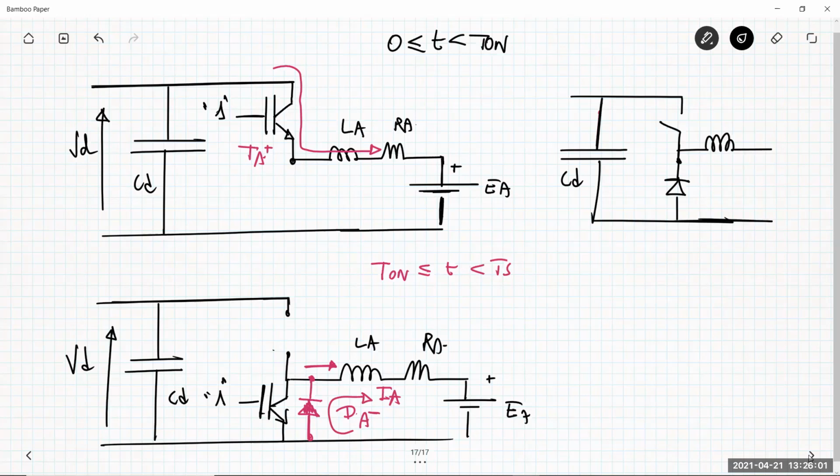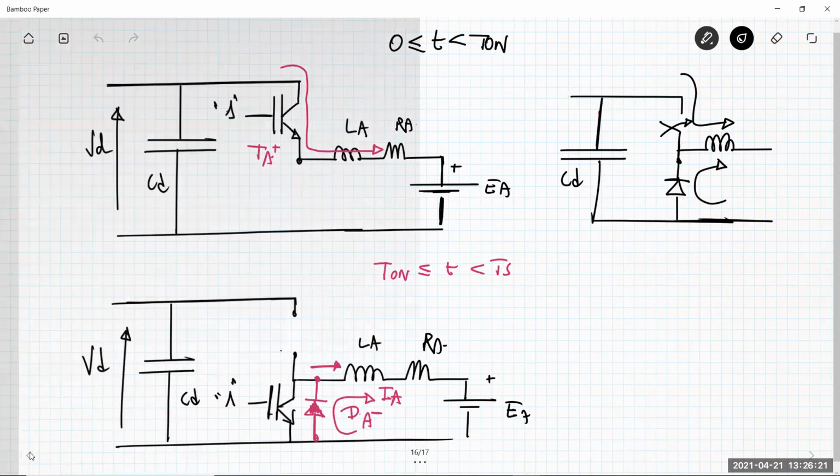Okay, so during T on the switch is closed and makes the current be conducted, and then when the switch is open, there is the freewheeling phase in which the current is conducted by the diode. Okay, so this is exactly the behavior of the buck circuit.